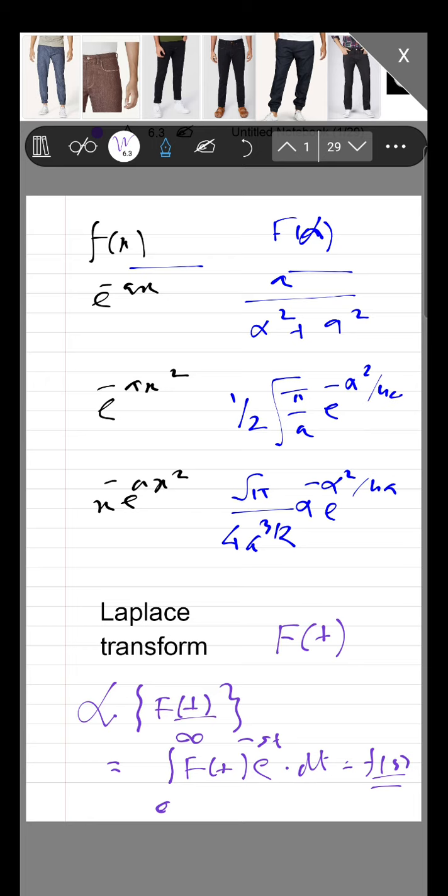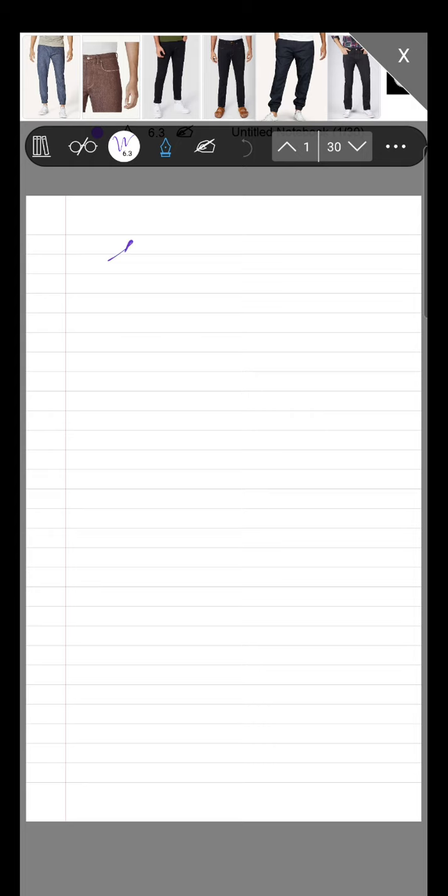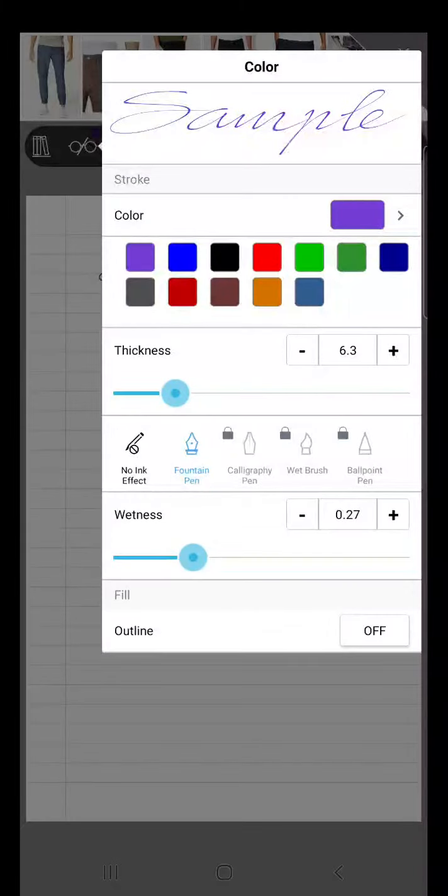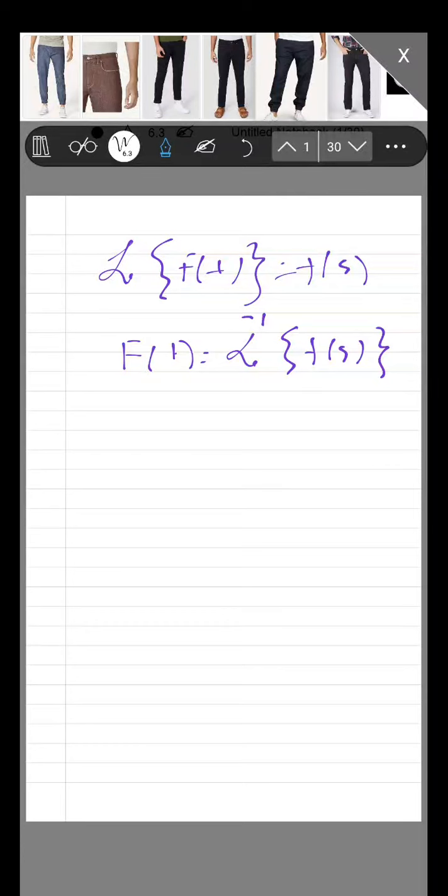So we can write L of f(t) is equal to F(s). We can also write f(t) as the inverse Laplace transform of F(s). So let's see some of the f(t) and Laplace and inverse Laplace transform.